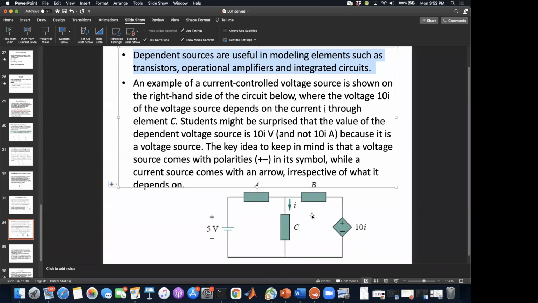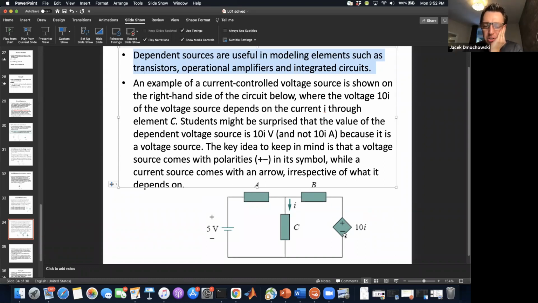That's right. This is a current dependent voltage source. So whatever the current is flowing through element C, take that number, multiply it by 10, and that becomes the voltage across this branch. The way you can tell that it's a voltage source is because it has the plus and minus. If it has the arrow, it means that it's a current source.